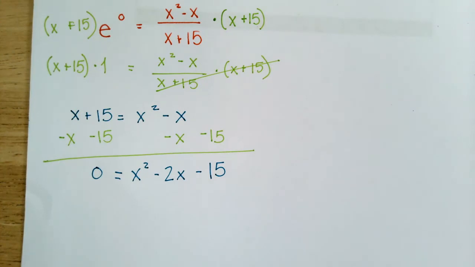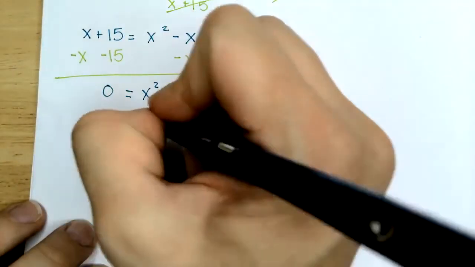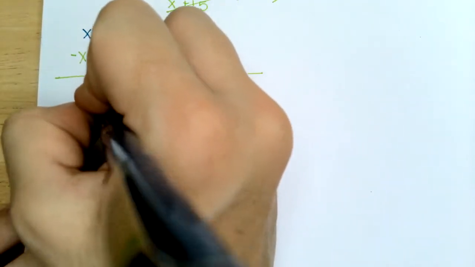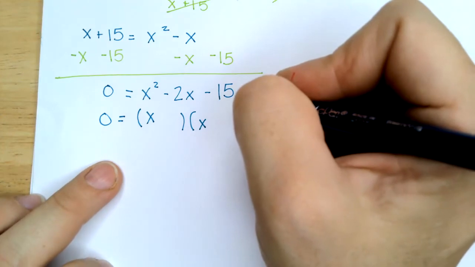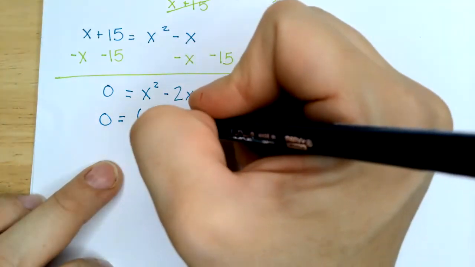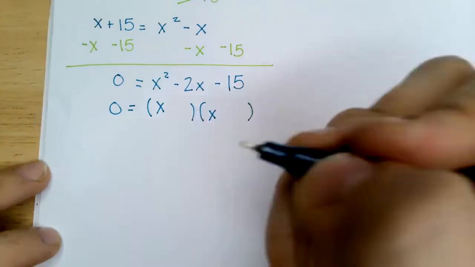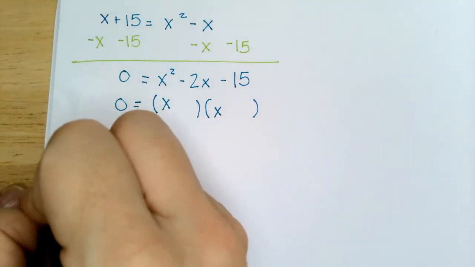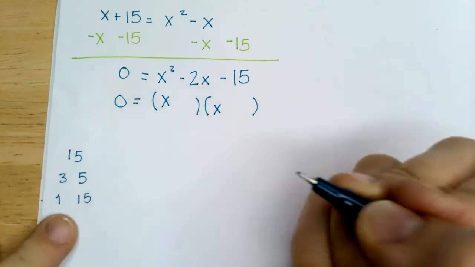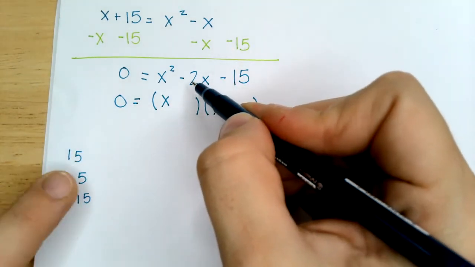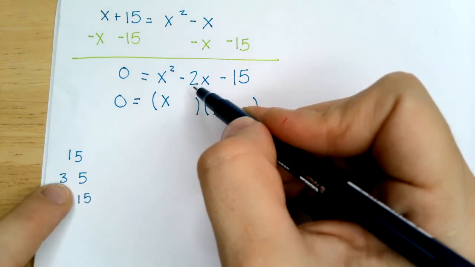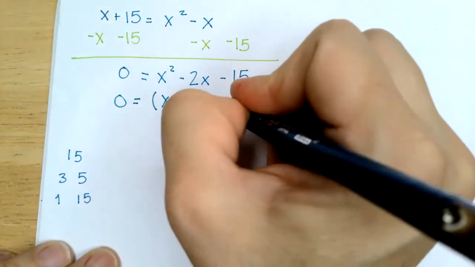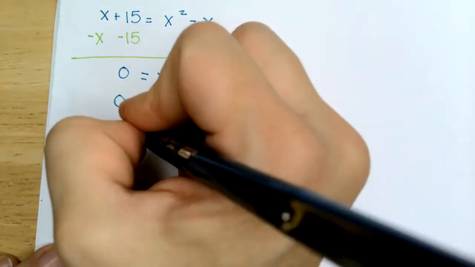Good? Just like last time, can you see factors? X times x is x squared. The negative 15, what are the factors of 15? 15 can be 3 and 5 or 1 and 15, right? Which one of those would add to a negative 2? If I had a negative 5 and a positive 3, I could get a negative 2, right? Minus 5 plus 3. Good.